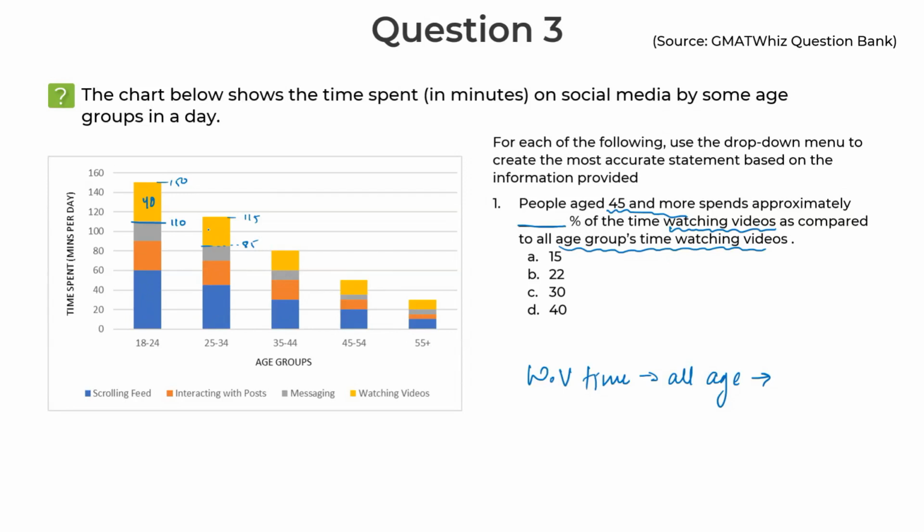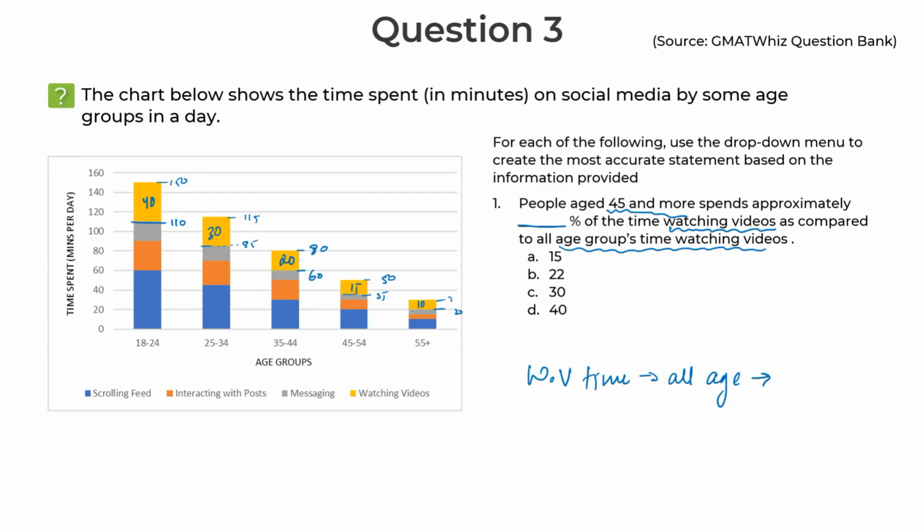Similarly, this we know is 60 and this we know is 80, so this is 20 minutes. This one is about 35 to 50, so another 15 minutes. And the last but not the least, this is from 20 to 30, so this is 10 minutes.